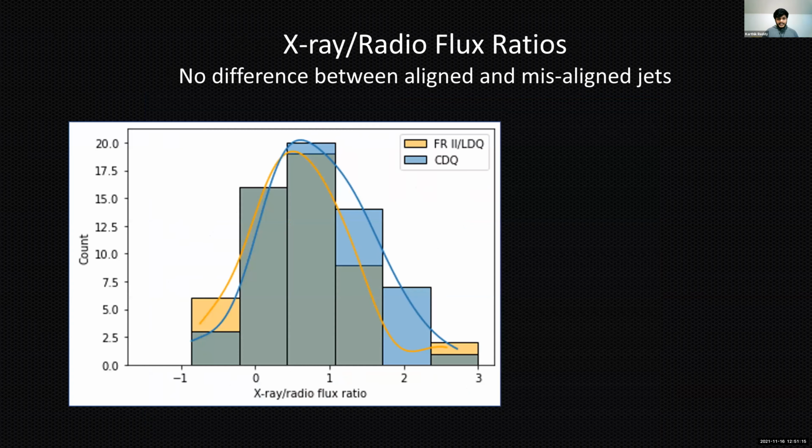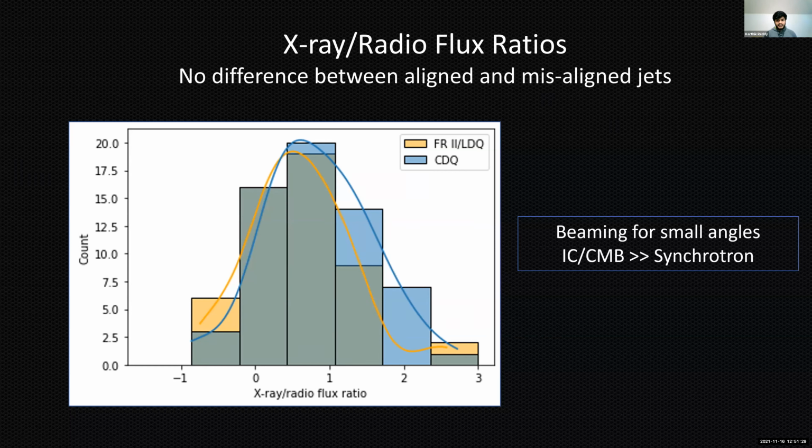Next, I did the same experiment with the X-ray to radio flux ratios by dividing the knots into two groups, CDQs, closely aligned, and FR2s with moderately and highly misaligned jets. So the expectation here is that if the ICCMB is producing these X-rays, as the jet gets aligned closer to the line of sight, the X-rays will see more amplification than the radio.